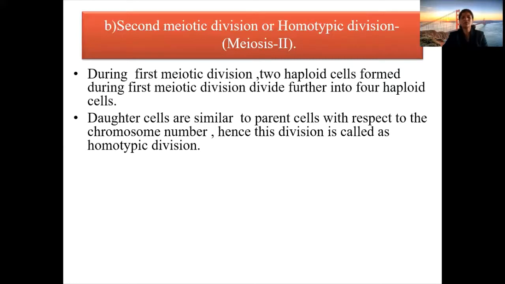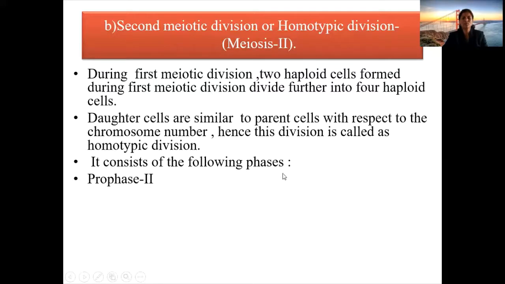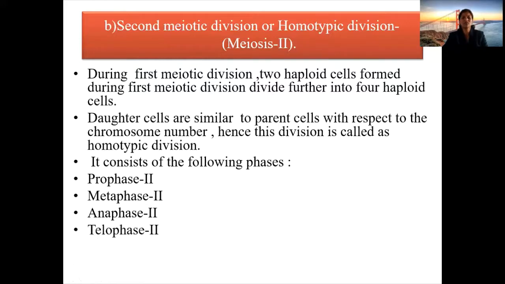So such type of division is called homotypic division, and this division is similar to mitosis. Meiosis 2 mainly consists of the following phases. First is prophase 2, second metaphase 2, third anaphase 2, and fourth telophase 2. And finally, cytokinesis 2 takes place.